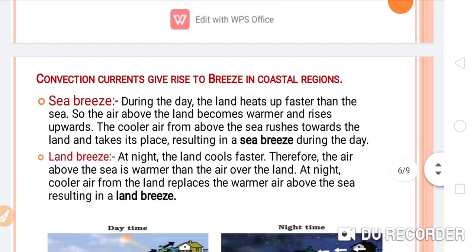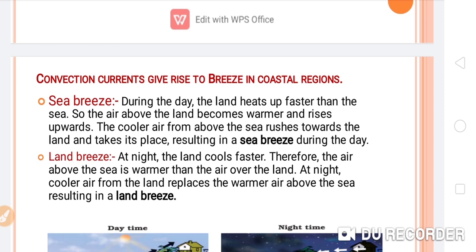Now next, convection currents give rise to breezes in coastal regions. This is very important. There are two kinds of breezes, that is sea breeze and the second one is land breeze. So let's see. During the day, the land heats up faster than the sea.